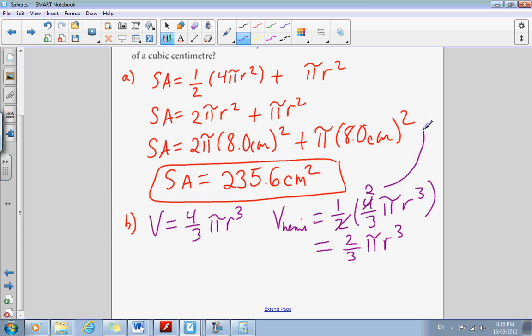Another way that you could look at this cancellation is by doing 1/2 times 4/3, which equals 4 divided by 2 times 3, which is 6. We can reduce this fraction by dividing the numerator and denominator by 2, giving you 2/3.